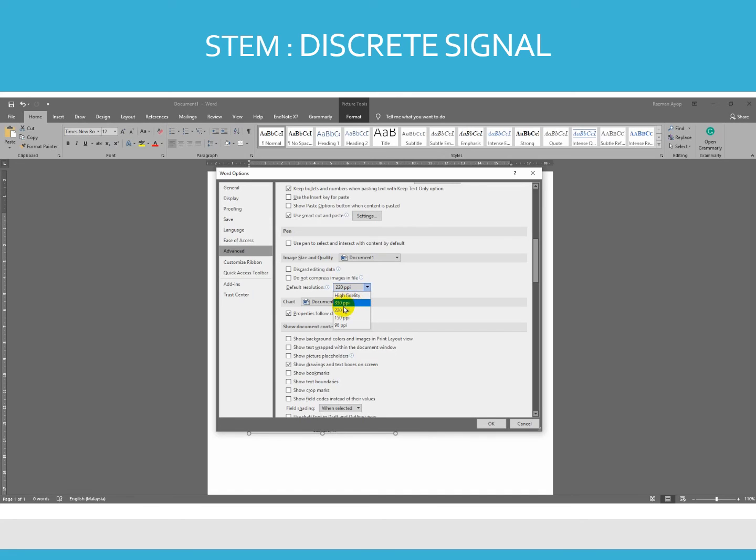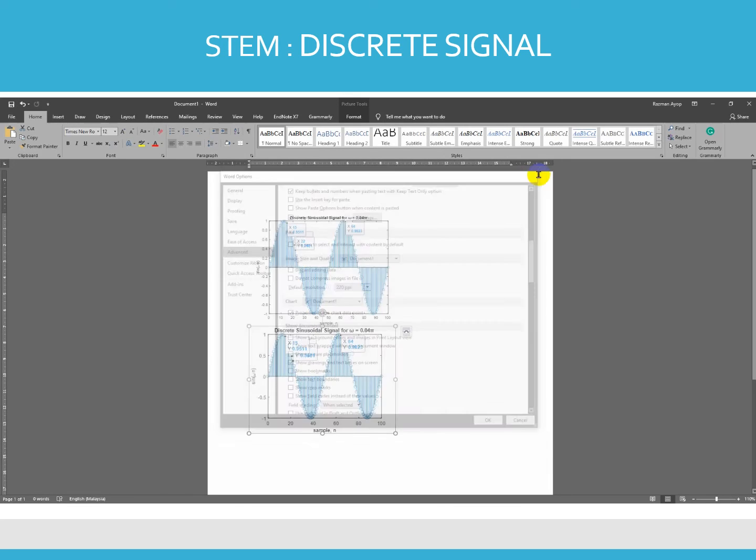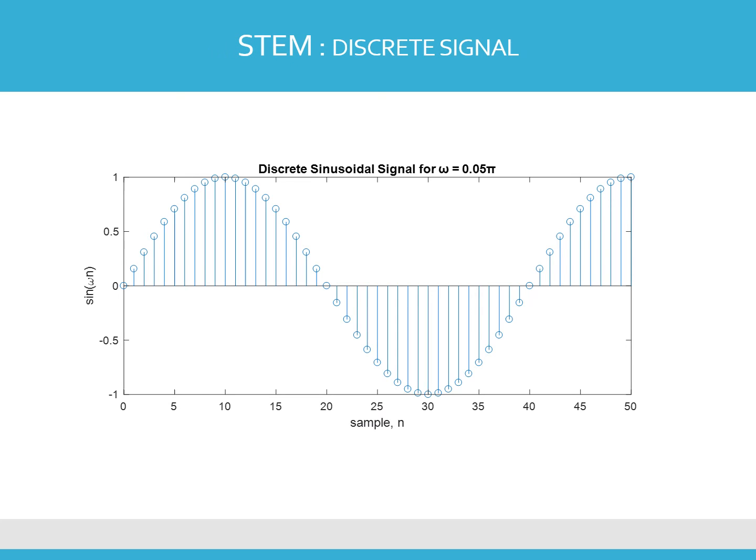And make sure you know that higher fidelity means higher number, which means a higher size of the file. So this is what happens if I paste the figure inside the PowerPoint.